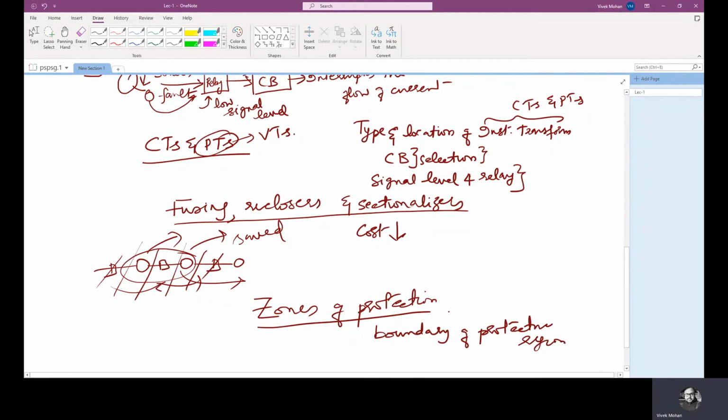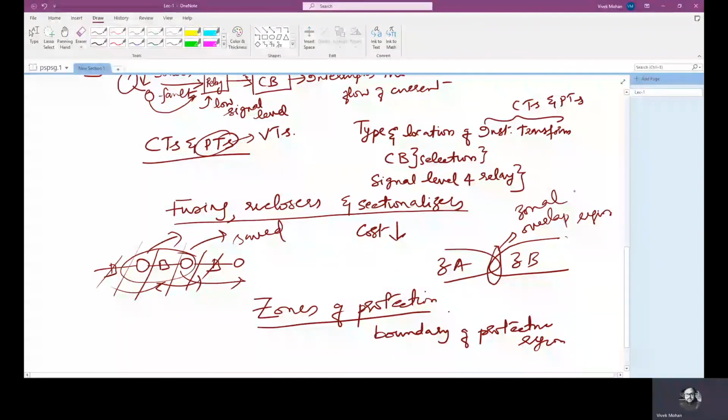It is required that the zones should overlap. Suppose this is zone A, this is zone B, and this is the zonal overlap region. So it is required that the zones should overlap.